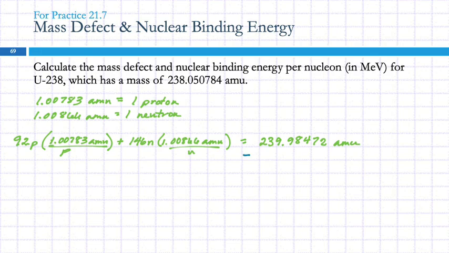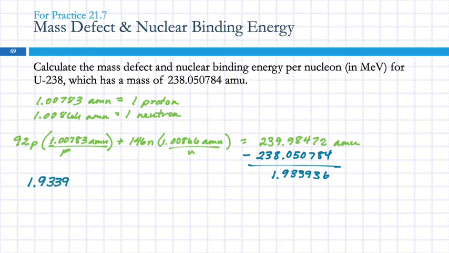So we can find the mass defect by subtracting one from the other. So 1.933936. So the mass defect is 1.933936 atomic mass units, and we're going to convert that into mega electron volts.